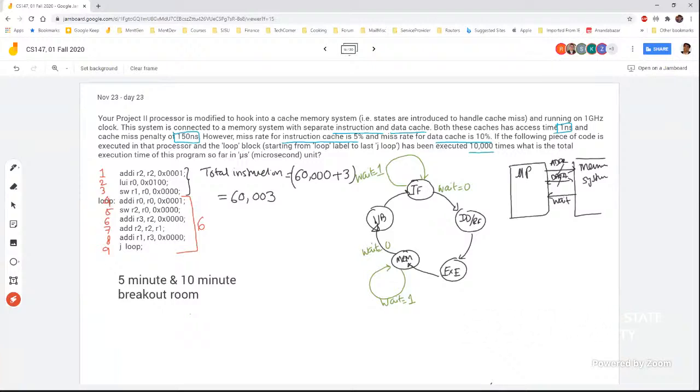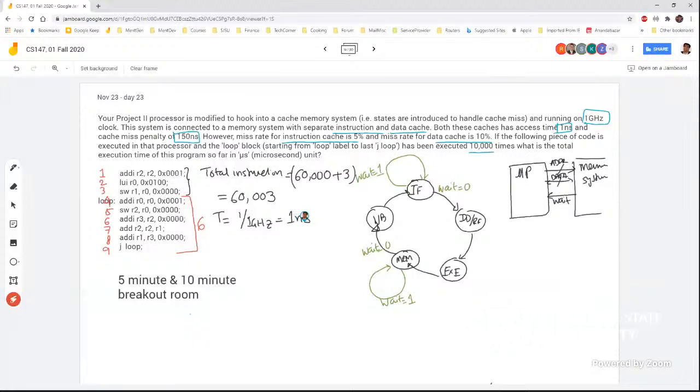Now, our clock frequency given here is 1 gigahertz. That means our time period equals 1 divided by 1 gigahertz, which is 1 nanosecond.